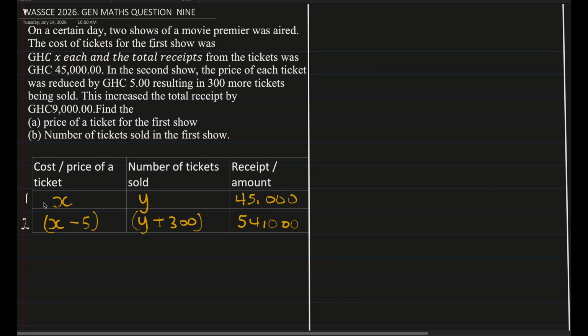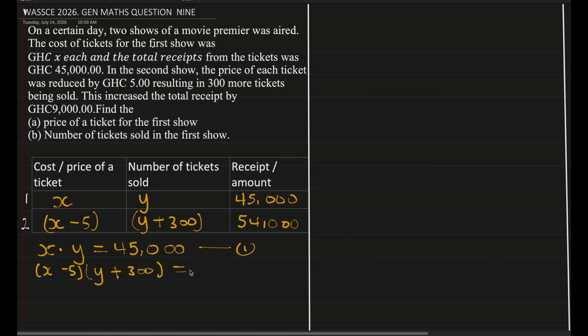Okay, so now let's write our equations down. So from show number 1, we have X multiplying Y, and that is giving us 45,000. Let's call it equation number 1. Then from show number 2, we have X minus 5 multiplying Y plus 300.